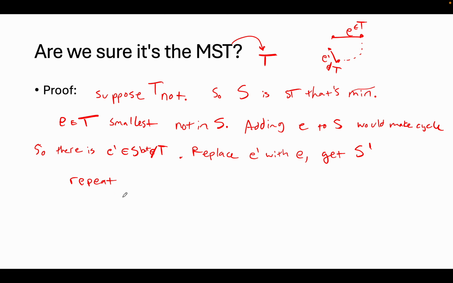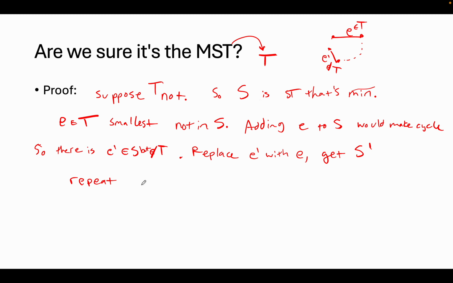The idea here is we keep going and we keep choosing the minimum edge in T and replacing it. And so we do this process where we reason that S and T have to be the same thing. And if they're the same thing, then it's the minimum spanning tree.